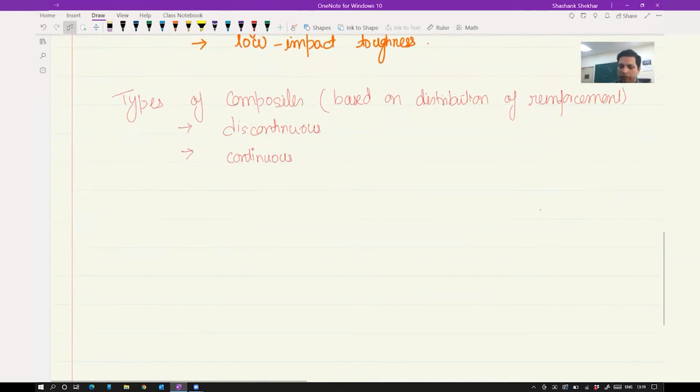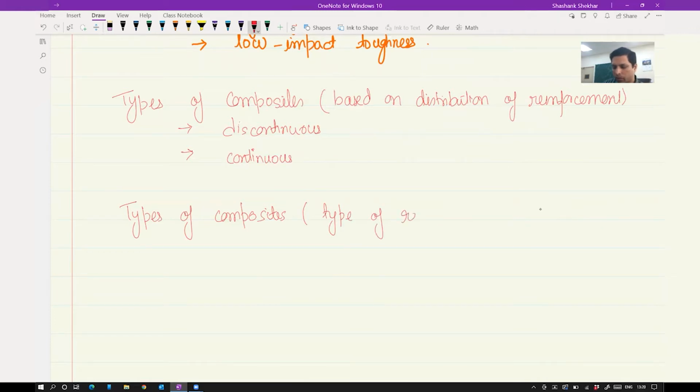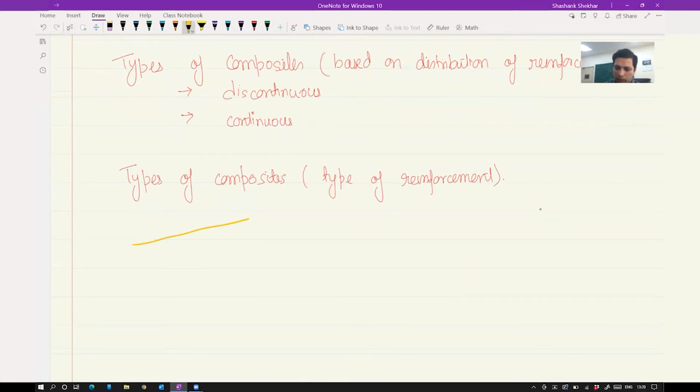Then you can also have types of composites based on the type of reinforcement. So that was on the distribution; now what we will define is the type of reinforcement. For example, you can have a composite where you have particles distributed all over it.